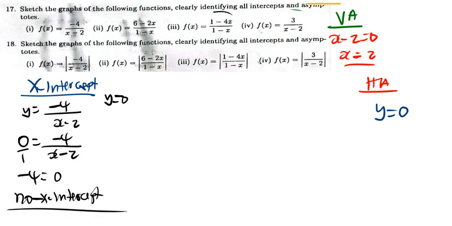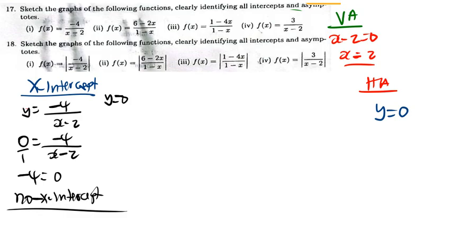What of this one? Yes. As long as on top there is x, you expect to have an x-intercept. When you are solving any question for a rational function and you are sketching, and you have been told that you need to indicate all the intercepts, if you see that on top there is no x, definitely you know that we are not going to have an x-intercept.